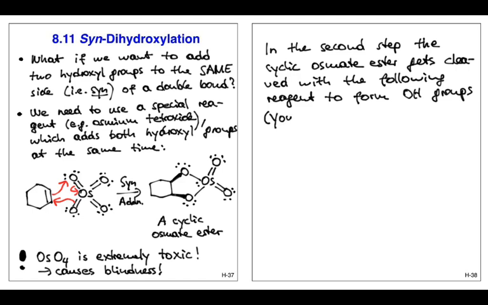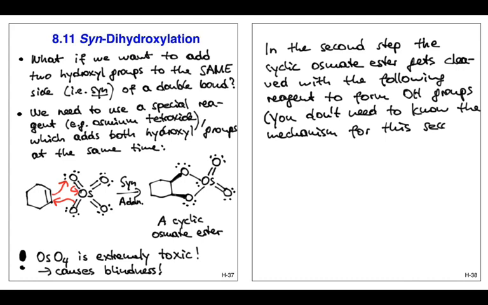You don't have to know the mechanism of this step for now. All I want you to remember is this reagent that we can use to take off the osmium. You just have to recognize and remember the reagent. So no mechanism, just the reagents. Sodium sulfite in water is generally used.